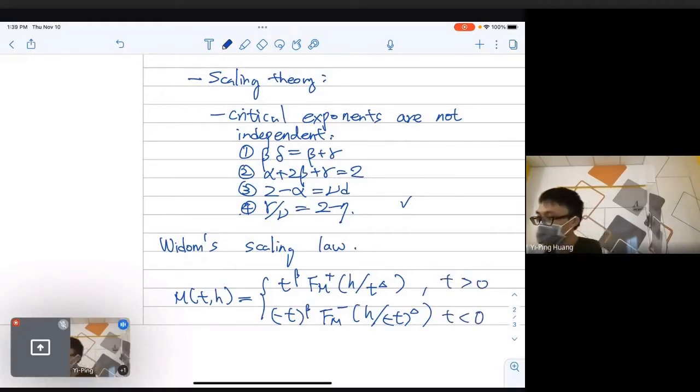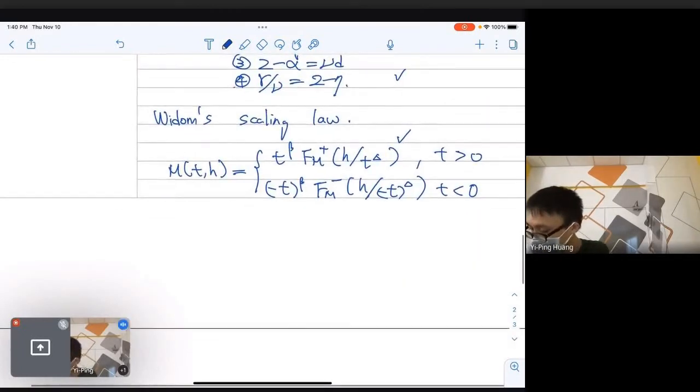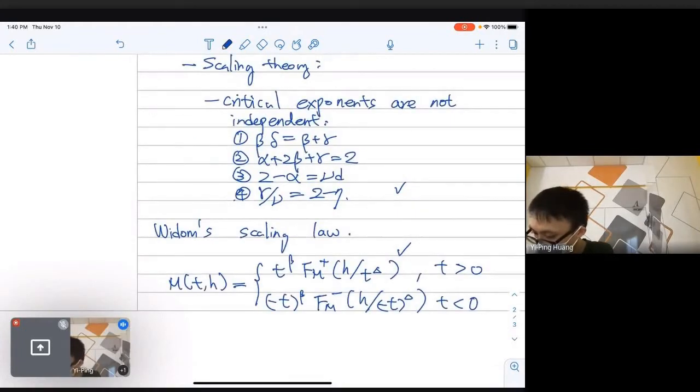Taking this functional form, you can do some calculations about the susceptibility and the magnetization, and you can show that the first equation holds.